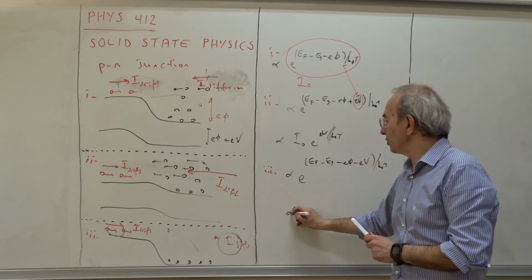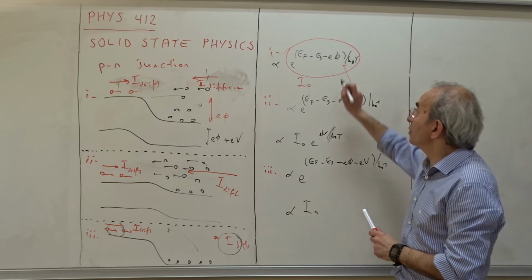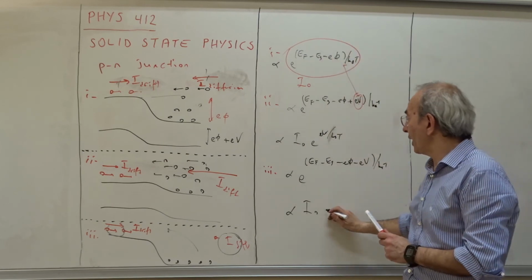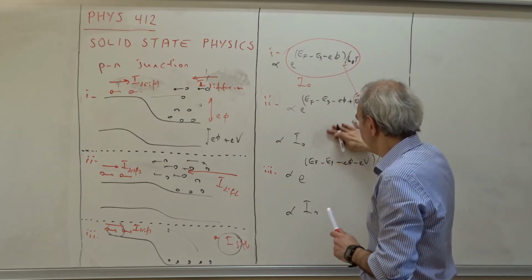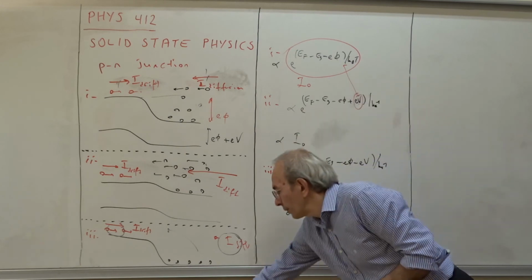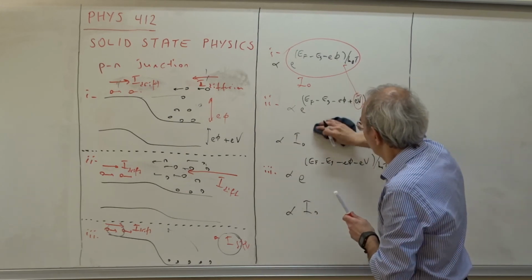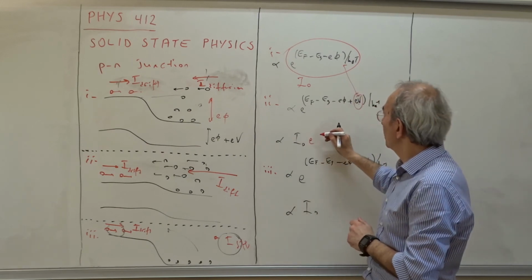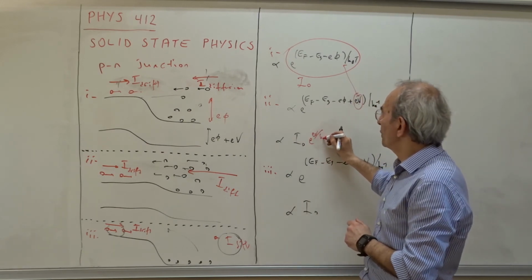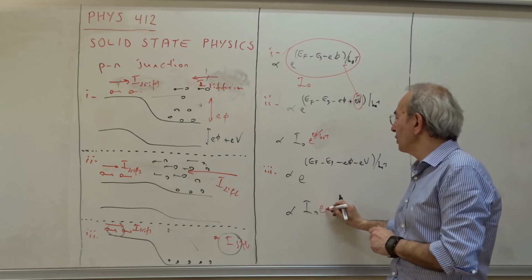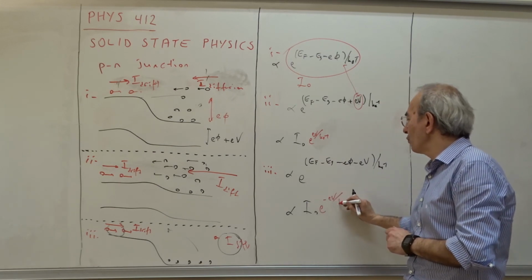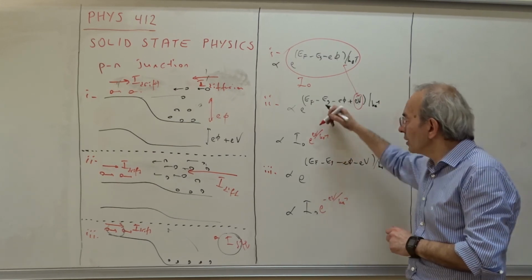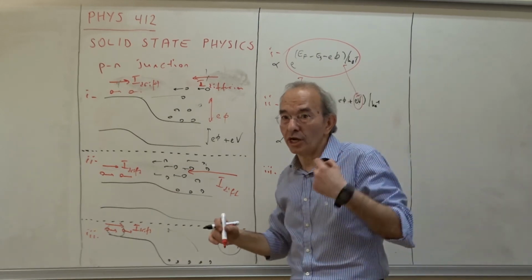In other words, it is proportional to previous I0 times either e to the EV over kBT or e to the minus EV over kBT. Remember that this e in the exponent corresponds to the charge of the electron.